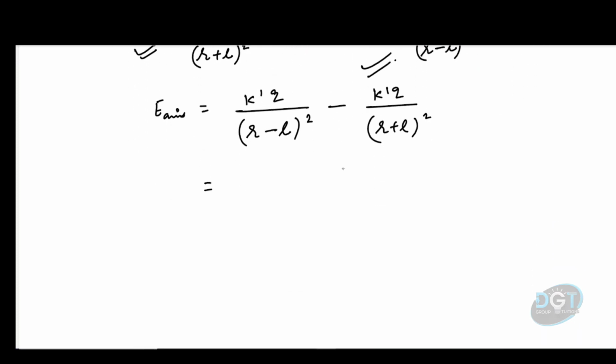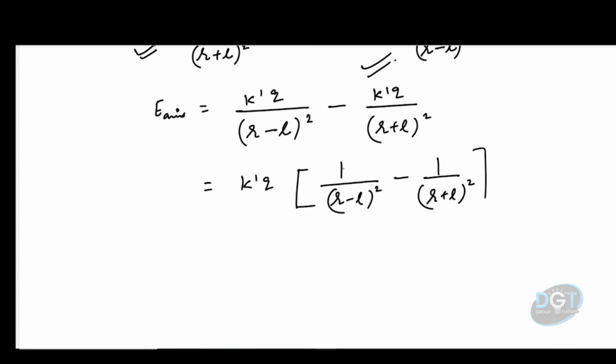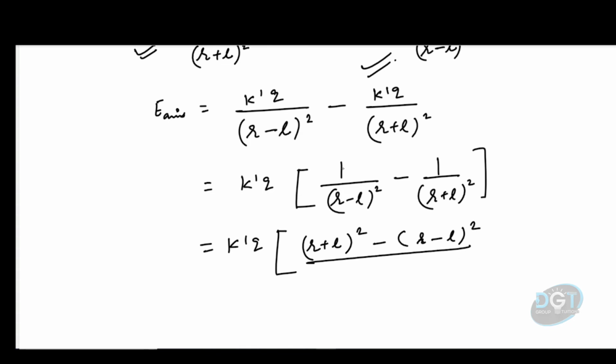So now, let's simplify this. We can take K dash Q outside, and write this as 1 upon r minus L whole square minus 1 upon r plus L whole square. Now taking the LCM and cross multiplying, we get r plus L whole square minus r minus L whole square, and the denominator is like a minus b into a plus b whole square.